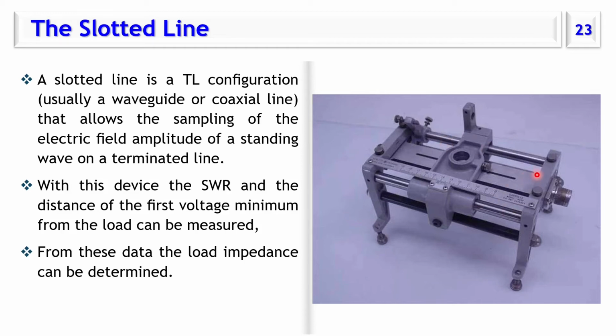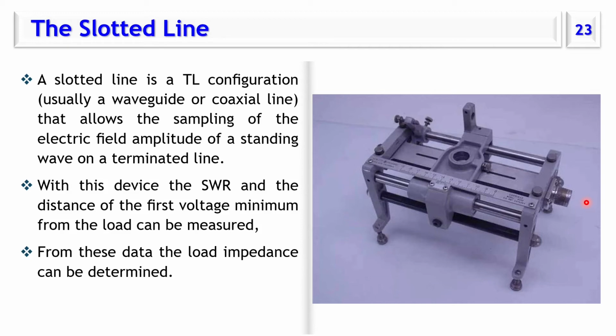You can consider the slotted line here as some sort of rectangular waveguide that has a slot. When we study the waveguide part of this course, we'll know that this will not affect the wave inside the waveguide much. You put the source on one side, so this is a generator, for example, and you put the unknown load here, and you use this device to measure the unknown impedance.